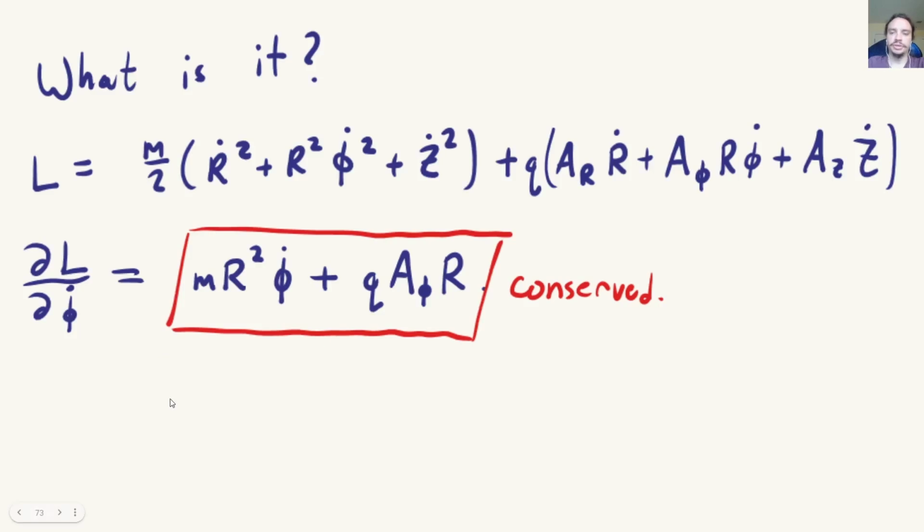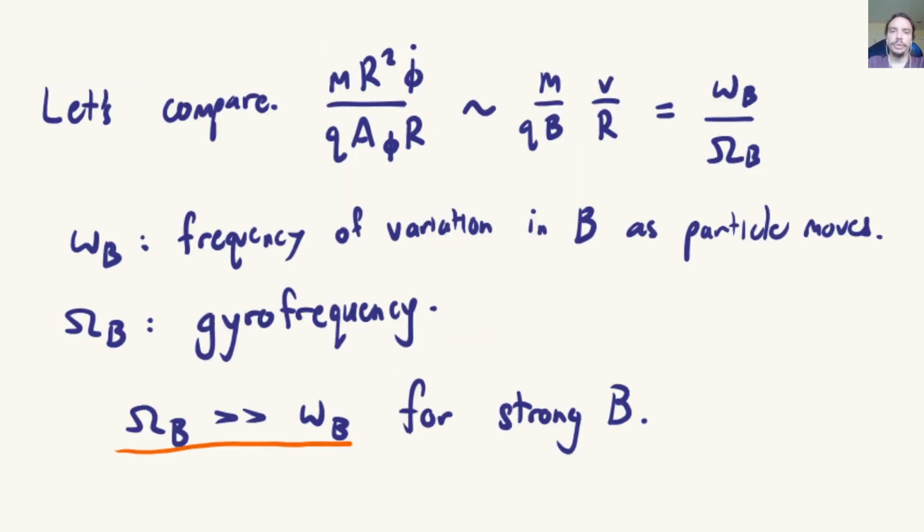But as it turns out, this quantity is kind of hard to understand. First things first, we're going to have to compare the sizes of these two terms. Then we'll be almost done. How do we compare the sizes of these two terms? Let's divide them. m r squared φ̇ divided by q A_φ r.